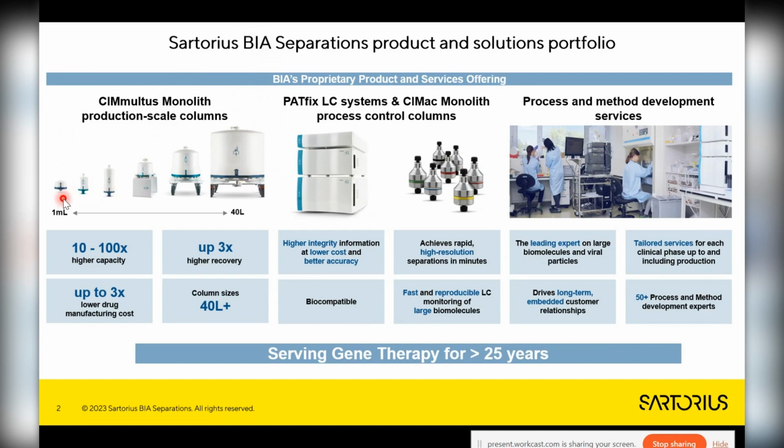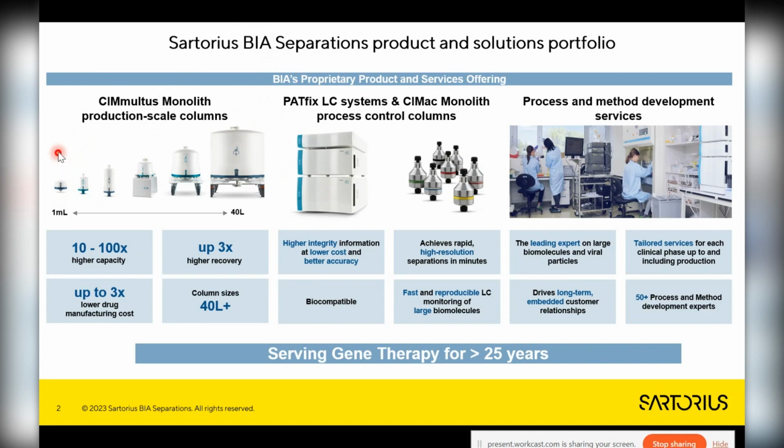We can also provide you with 96 well plates, Octet columns, and analytical columns. With our new program, HR, which stands for high reproducibility, all of these monoliths will have the same properties, the same capacities, resolutions, and everything.